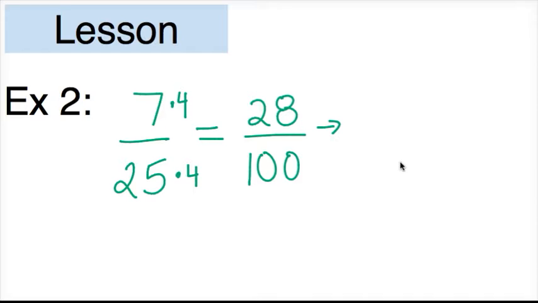Now, if I were to say this fraction in the correct vocabulary, I would say 28 hundredths. Say that to yourself a couple times and try to picture the decimal.